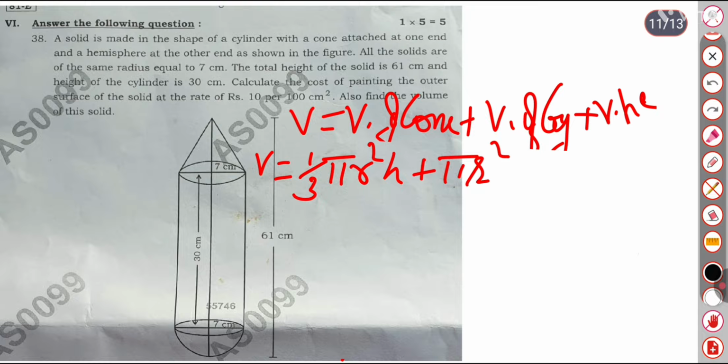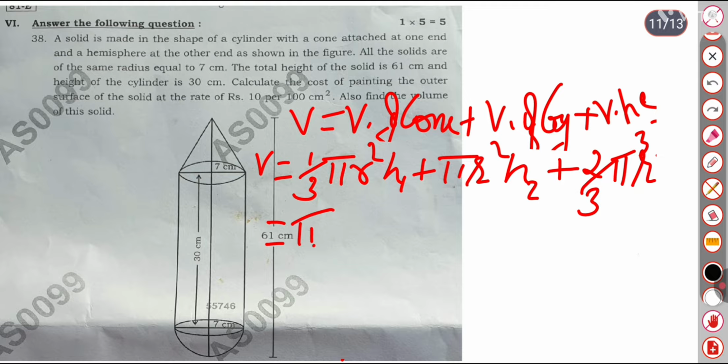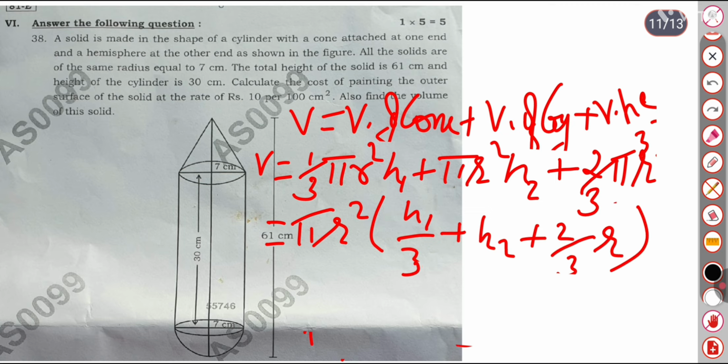Here for the cone I'll write h1, for the cylinder I'll write h2, plus volume of hemisphere is 2 by 3 pi r cube. Here pi is common, r square is common, h1 by 3 plus h2 plus 2 by 3 r.